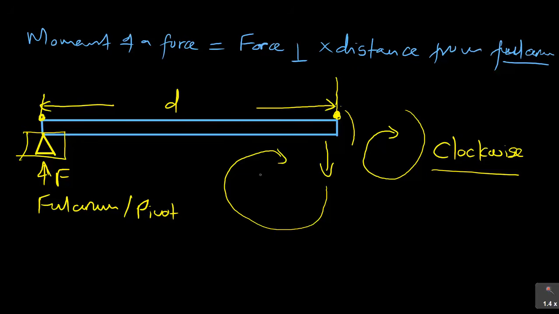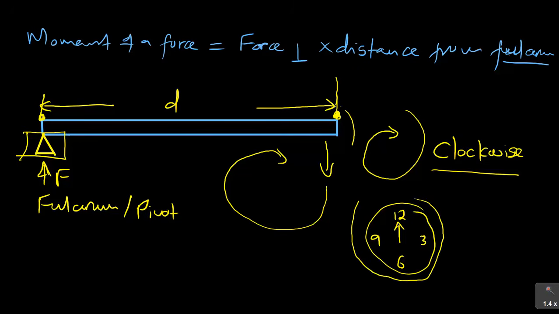If you have a clock with your 12, your 6, your 3, and your 9, remember the clock is moving in this direction. From 12 to 3 to 6 to 9, that is how the clock is moving. So that's what we mean when we say clockwise direction.